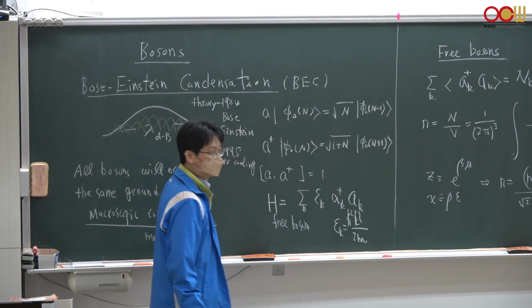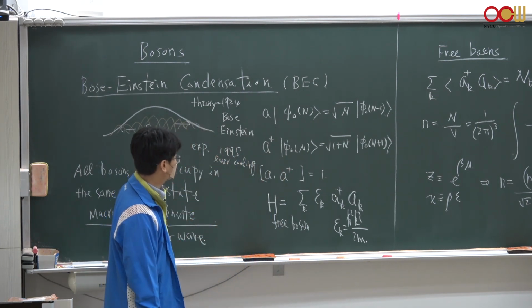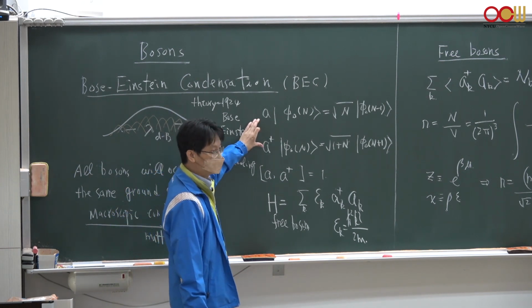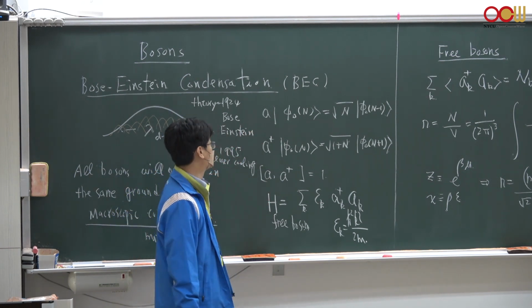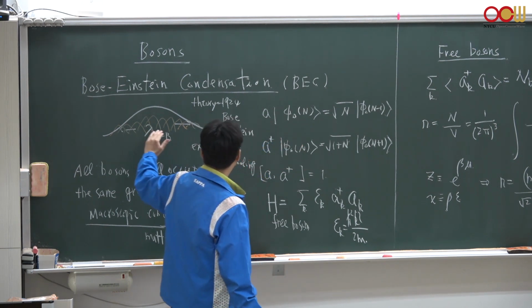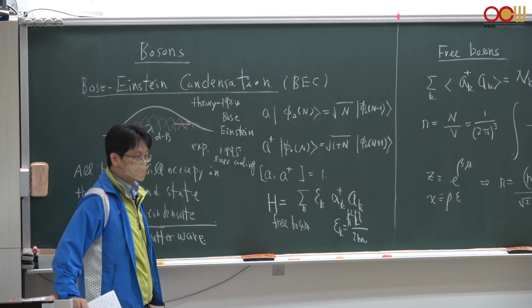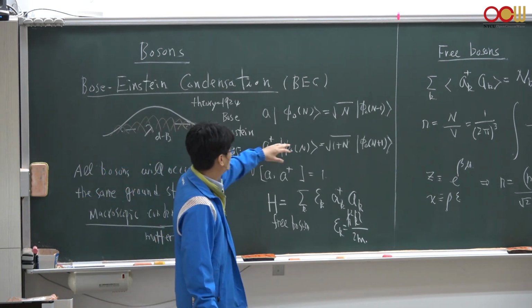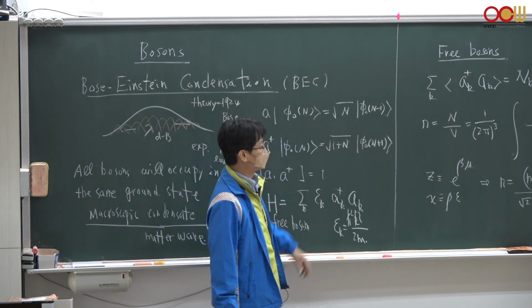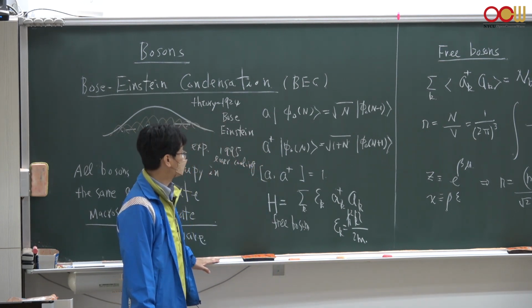Again, this is many-body phenomena for bosons, as we have defined this boson creation and destruction operator. We will later derive such a BEC phenomenon, but let's just use this result to define many-body boson wave functions.